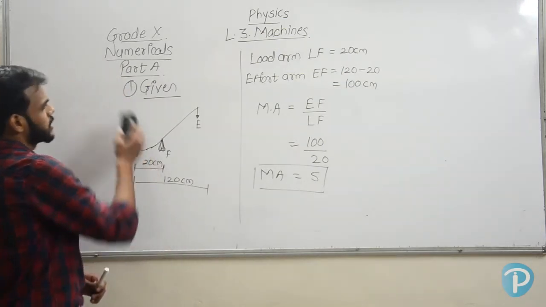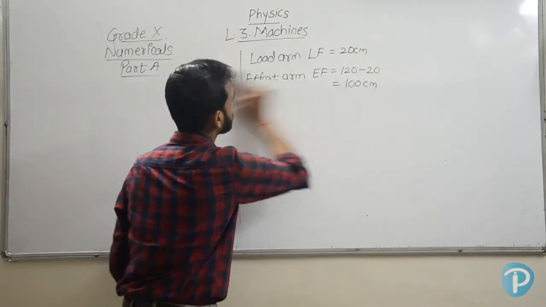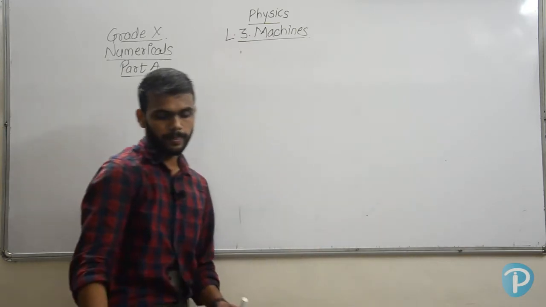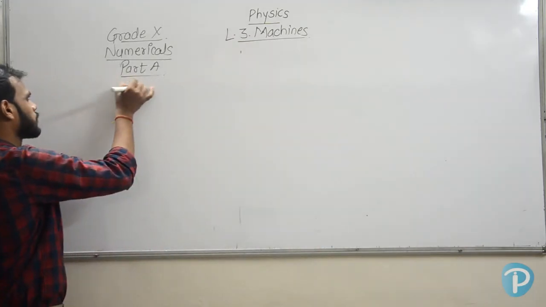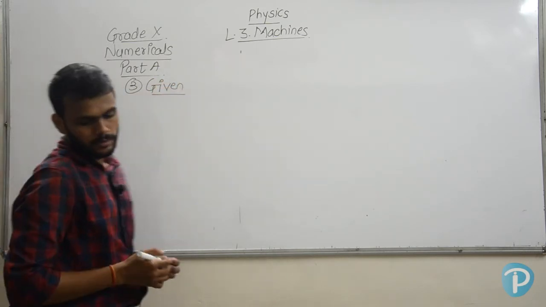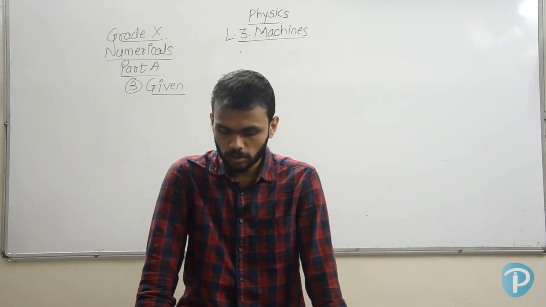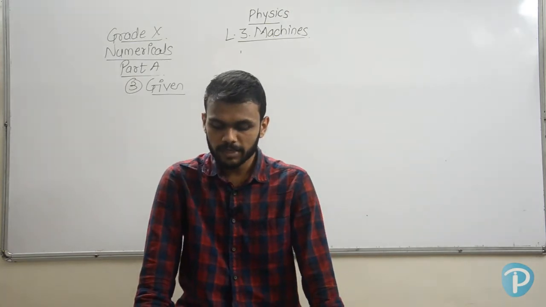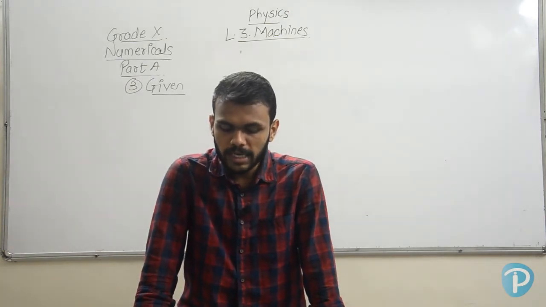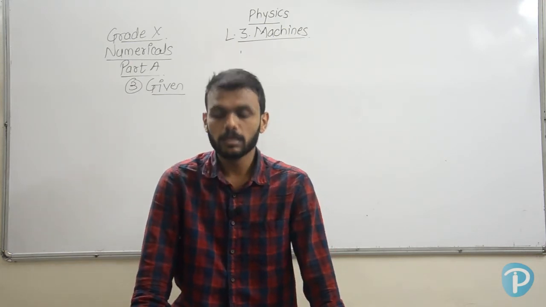Now we will solve the next question, that is question number 3. So a pair of scissors has its blades 15 cm long, while its handles are 7.5 cm long. So what is the mechanical advantage?